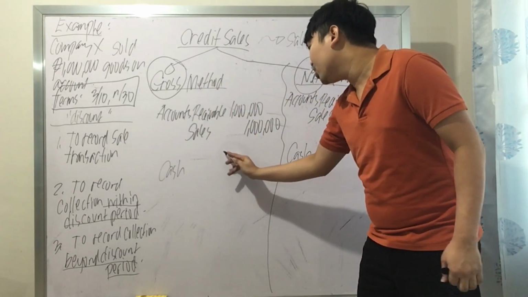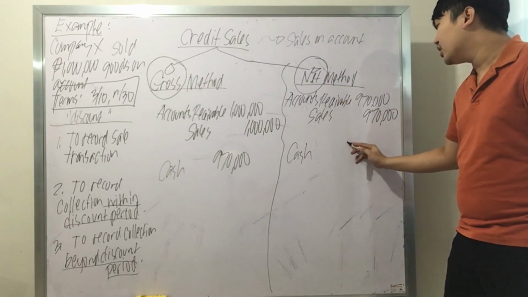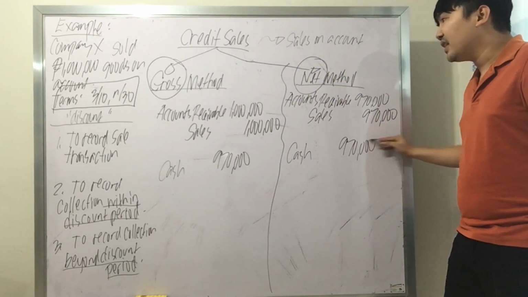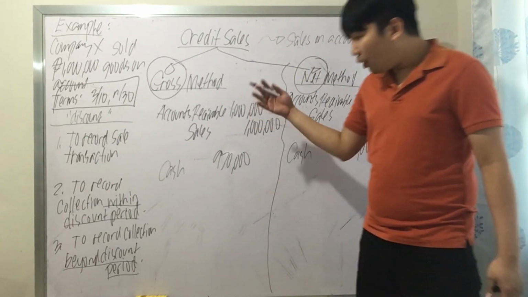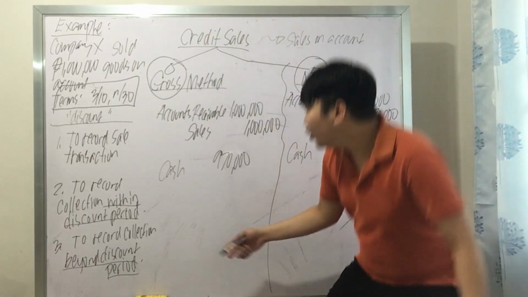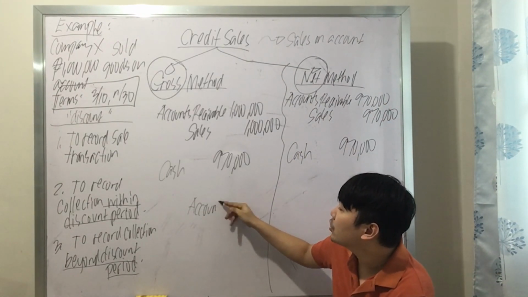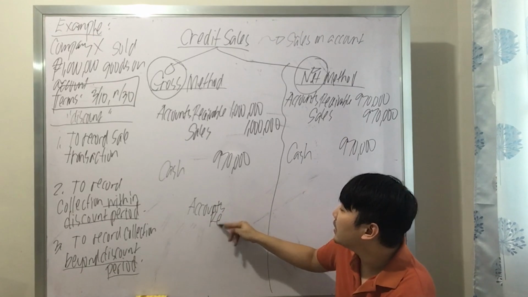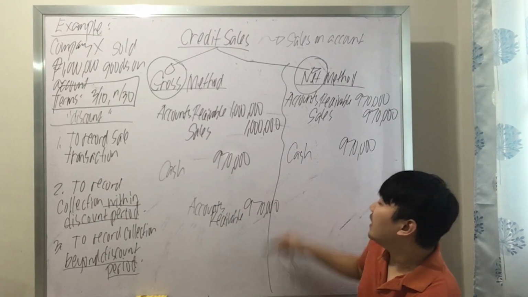So, debit cash, 970,000. Credit cash, 970,000. Hindi po ba? So, anong i-credit mo? Since you collected the receivable, you have to eliminate it. No? So, credit accounts receivable. Diba? 970,000. Ano?